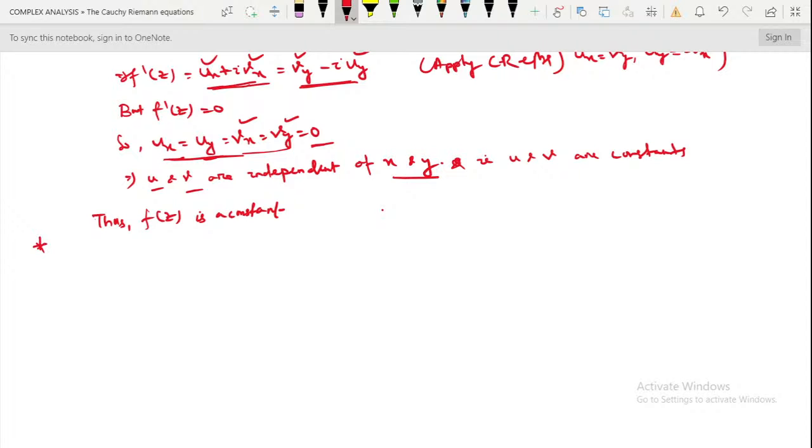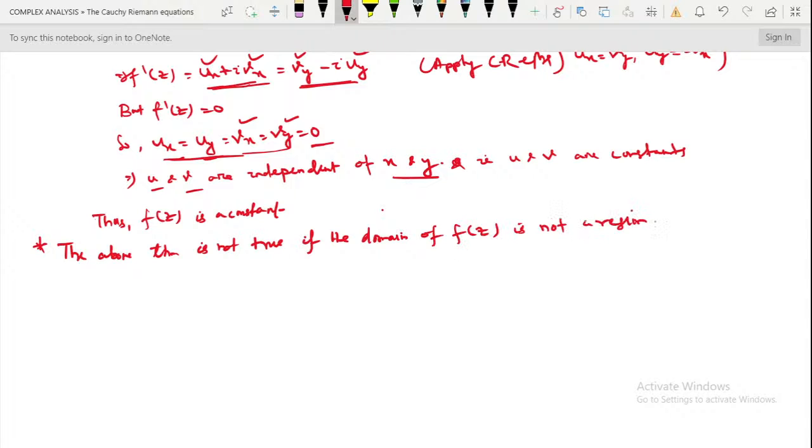I can say the above theorem is not true if the domain is not a region.